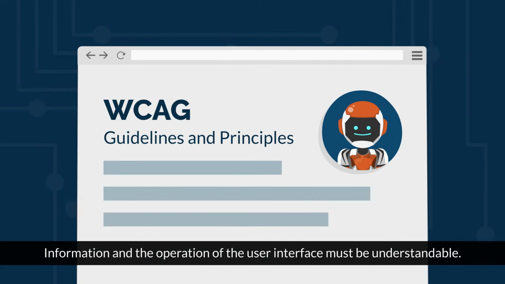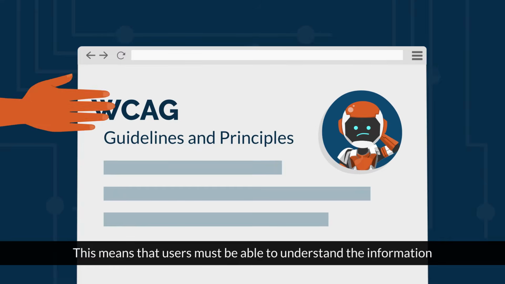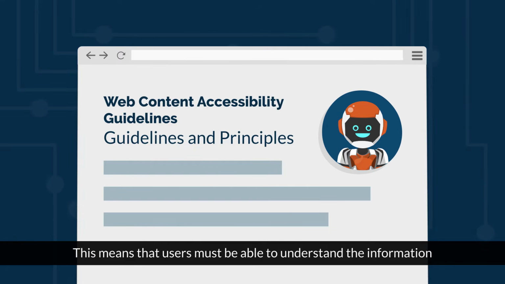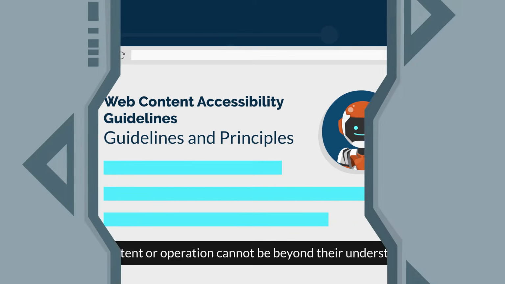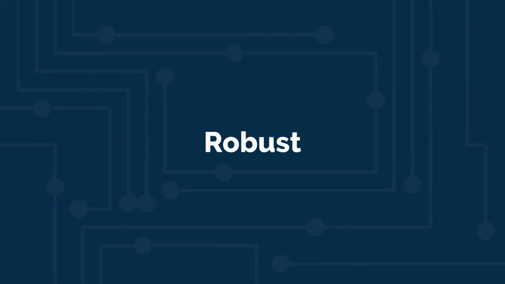Understandable. Information and the operation of the user interface must be understandable. This means that users must be able to understand the information as well as the operation of the user interface. The content or operation cannot be beyond their understanding. Robust.